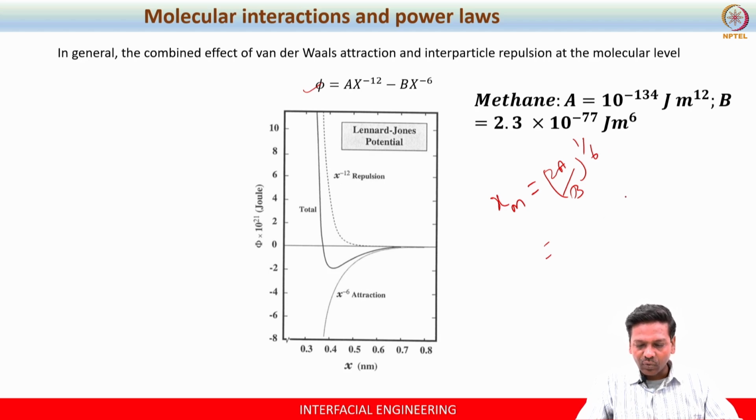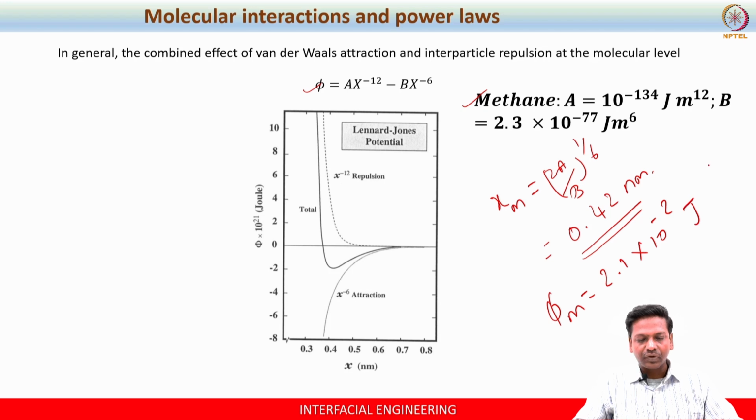If you substitute these values, you will get 0.42 nanometer. That is the minimum coordinate for this case, especially when we deal with the methane molecule. The pi m corresponding to this is 2.1 times 10 power minus 21 joule.